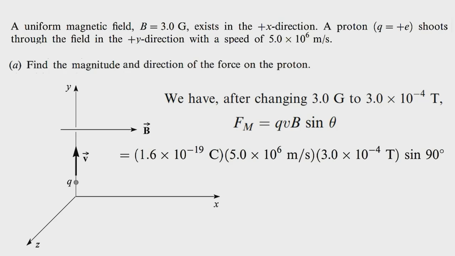Therefore, sine 90 degrees. So to answer letter A, the magnitude of the force on the proton is equal to 2.4 times 10 to the minus 16 Newton, and the direction of the force is directed towards the z-axis.